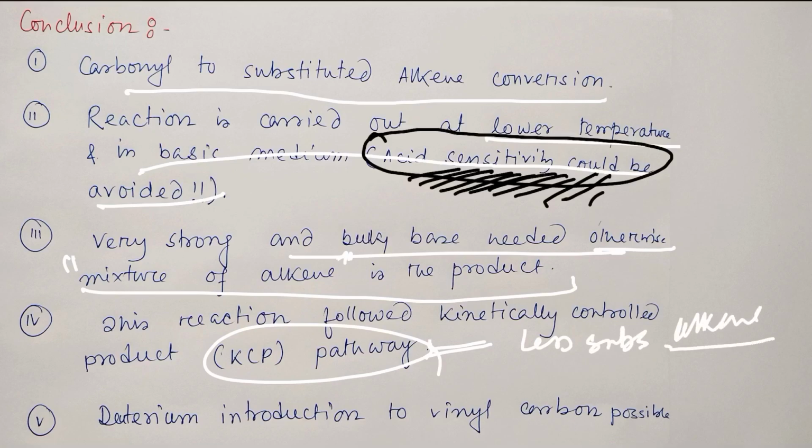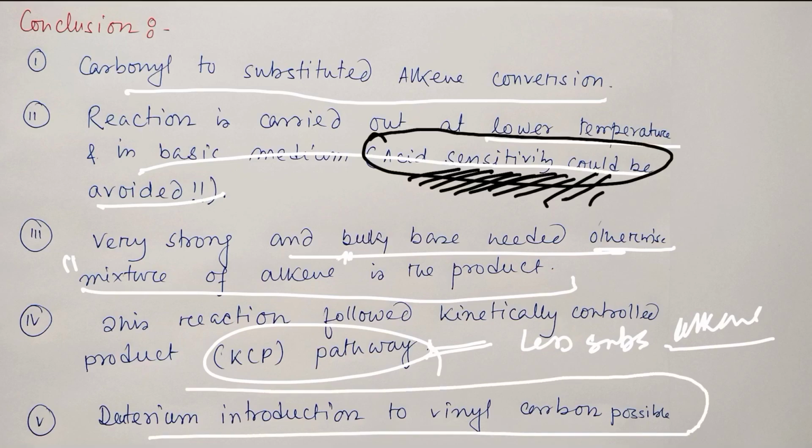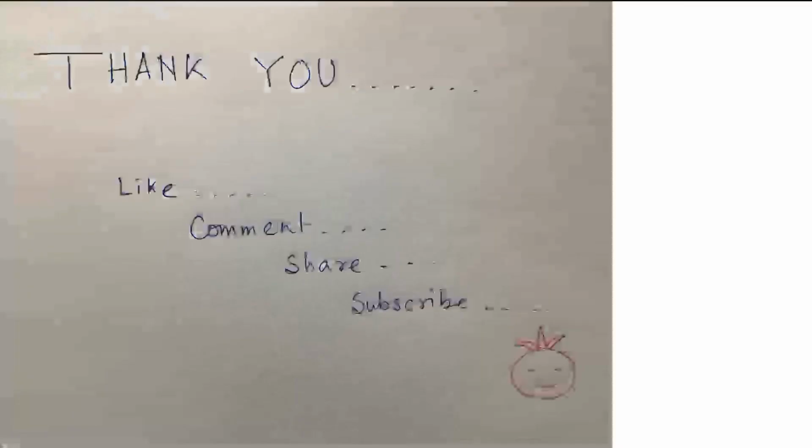Another interesting achievement is that deuterium introduction to the vinyl carbon is possible. I believe it's a very interesting thing, and such deuterium incorporation is very useful while you are doing mechanistic investigation studies. So this was up to today's discussion.